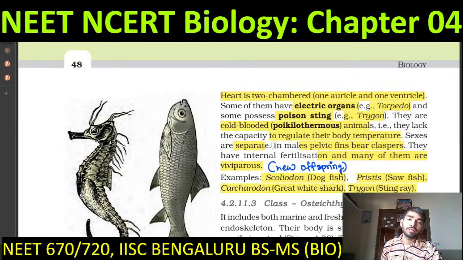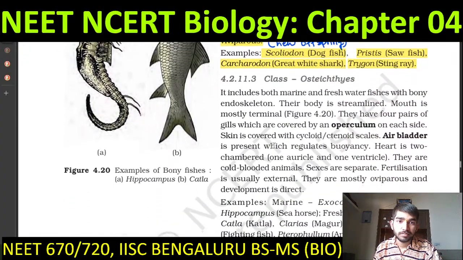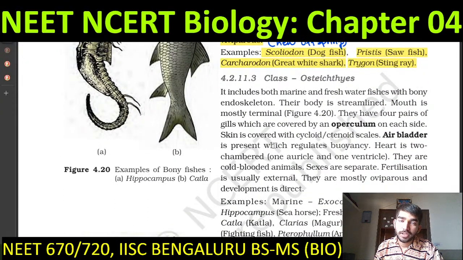That was about Chondrichthyes. Coming to the next group, which is Osteichthyes, the fishes which have a bony endoskeleton. They can be marine and freshwater. Their body is again streamlined, mouth is mostly terminal, and they have four pairs of gills which are covered by an operculum.